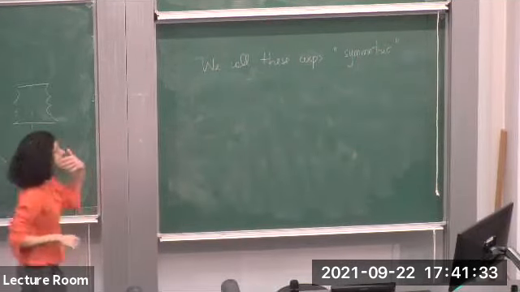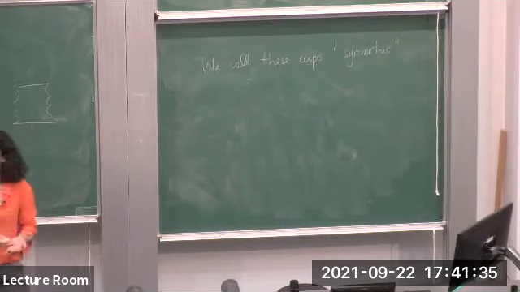And then if a cusp singularity is symmetric, then the dual cusp is going to be symmetric as well.